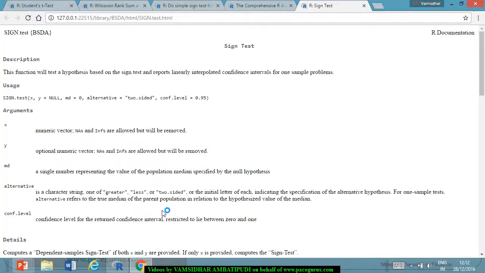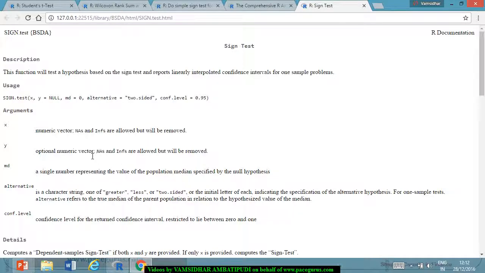Sign.test. If I'm looking at it, this function will test a hypothesis based on the sign test and reports linearly interpolated confidence intervals for one sample problem. So I'm giving as x, which is a numeric vector. NAs and infinites are allowed, but they will be removed. Y I don't need to give.